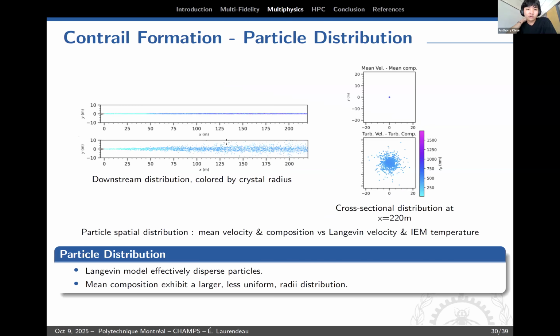For the particle distribution, we can also see with the stochastic model that we get a more realistic dispersion of the ice crystal particles compared to the mean approach. And we can also see that the radius of the particles is way more uniform than with the mean approach.